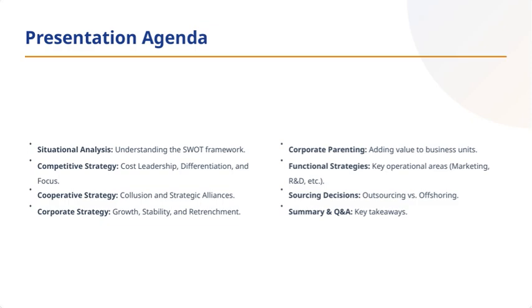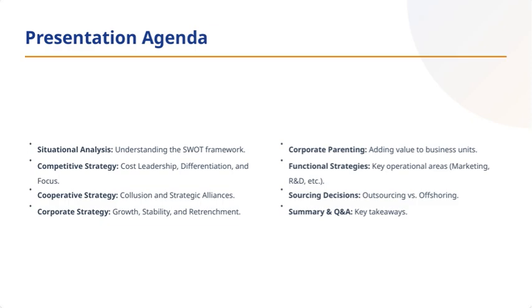Moving on, we'll look at corporate strategy, covering growth, stability, and retrenchment, and how these directions shape overall organizational direction. Then, we'll discuss cooperative strategies, including collusion and strategic alliances, which are about working together with other firms for mutual benefit. After that, we'll explore competitive strategies such as cost leadership, differentiation, and focus, methods companies use to gain a competitive edge.